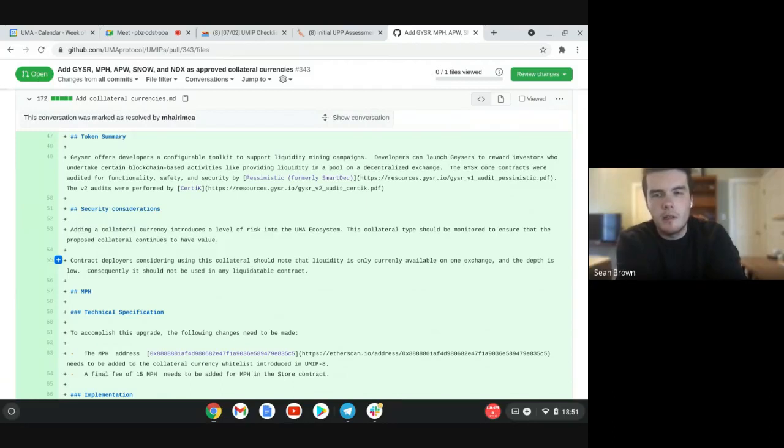And if yes, then there shouldn't be an issue with adding it. Everything else around volume and depth of market would be more of a product question, and more of a product security concern, if you were creating liquidatable contracts.